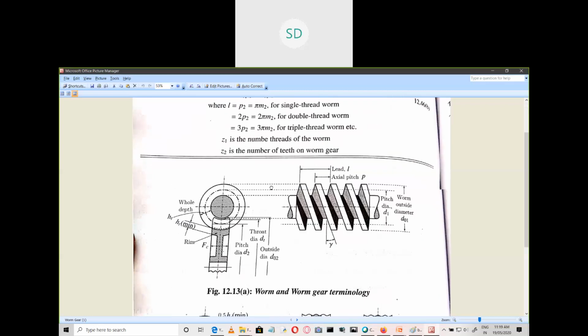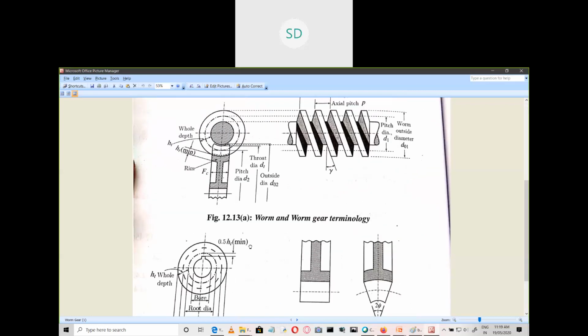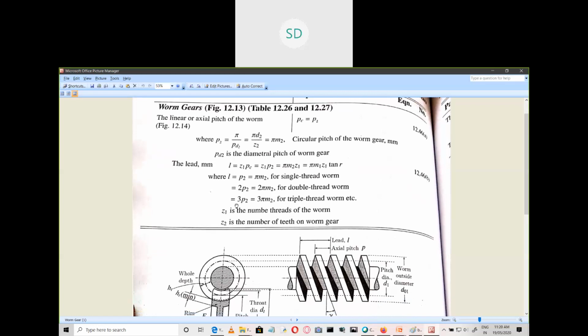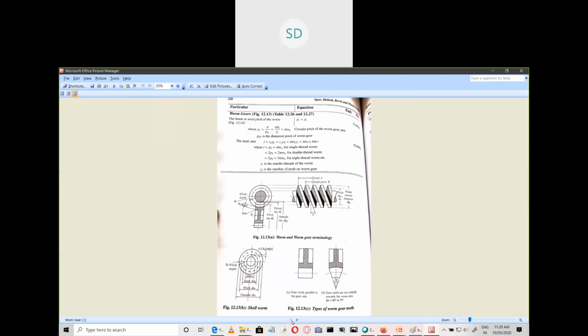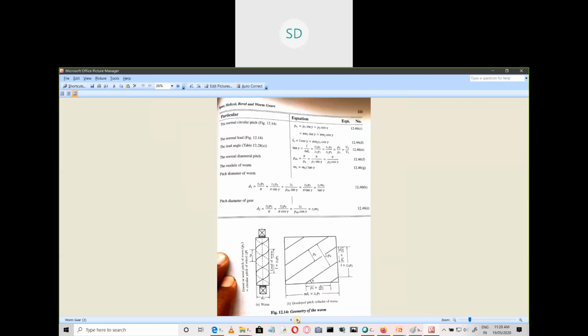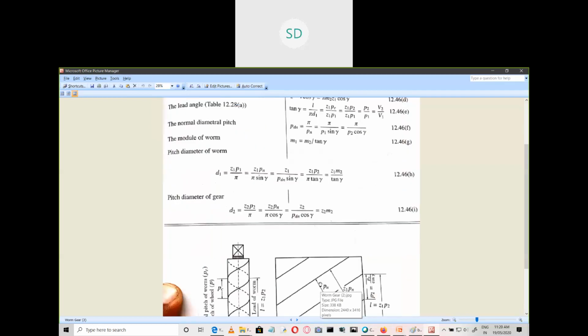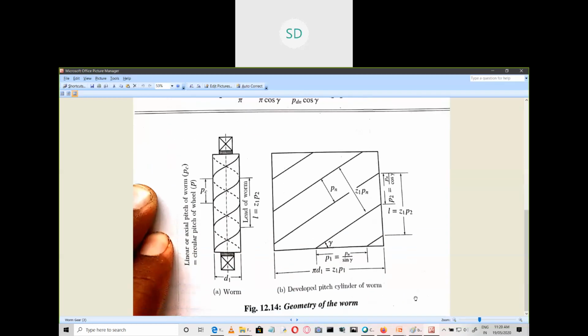Refer to figure number 12.14. So the lead is Z1 into P2.